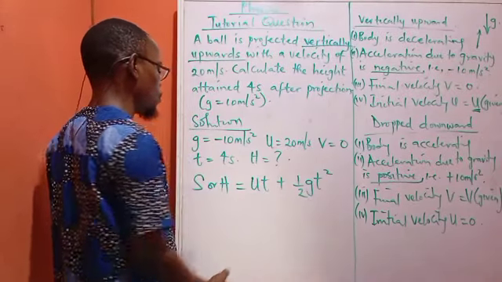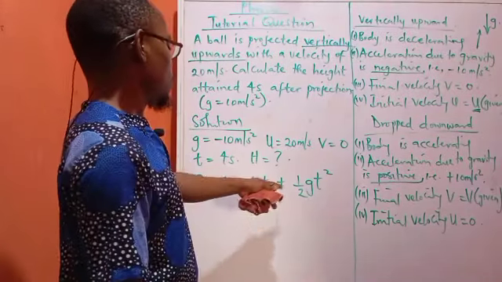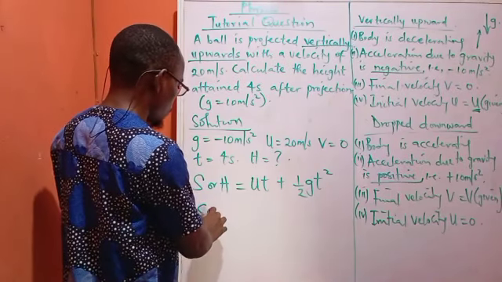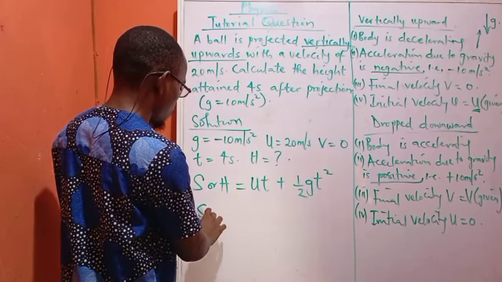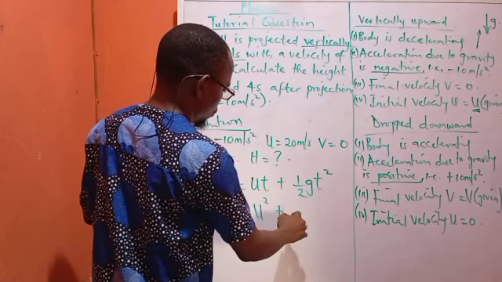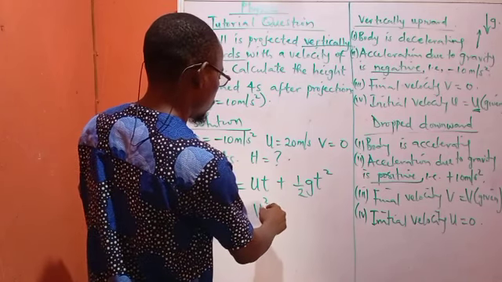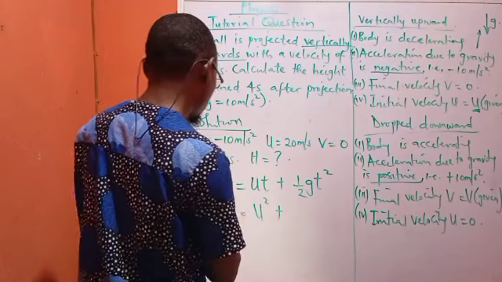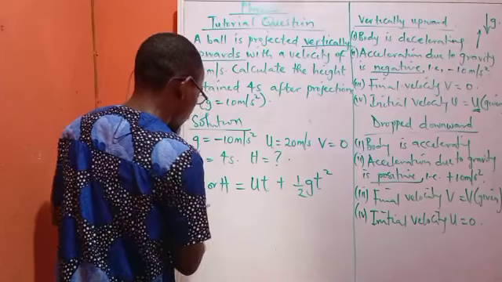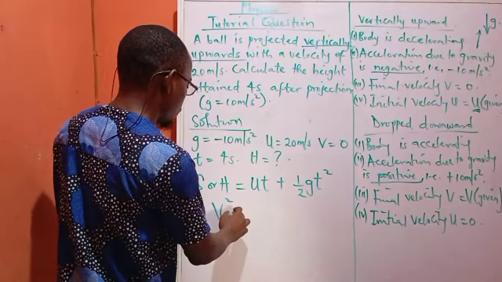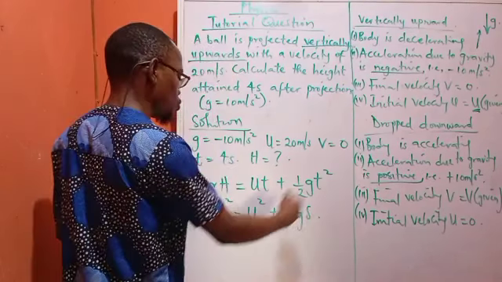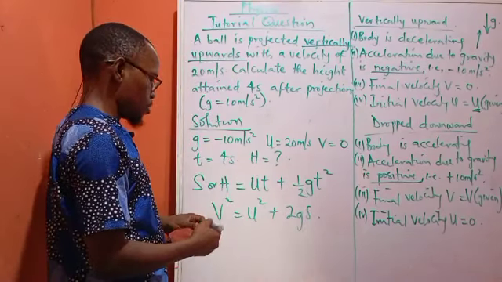We can use this, or we can also use v squared equals u squared plus 2gs, or 2gh, as the case may be.